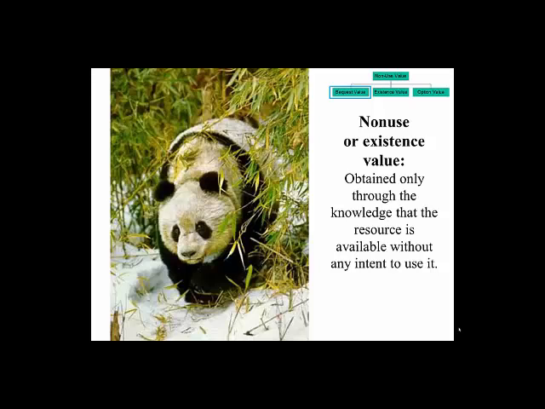We know that it's out there, but we don't actually plan to use it at any point in the future. And these are values because people are willing to pay dollars to preserve that existence. Classically, the World Wildlife Federation uses a panda bear as its symbol, specifically because people do value the existence of this animal.